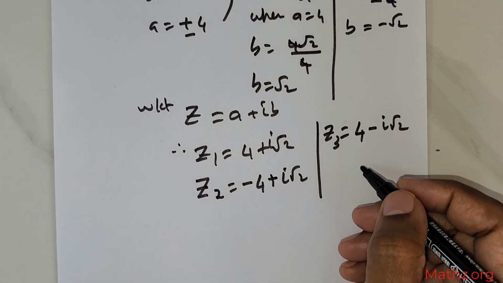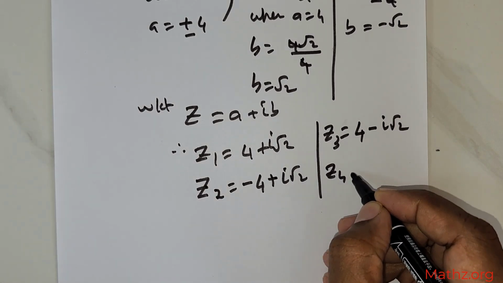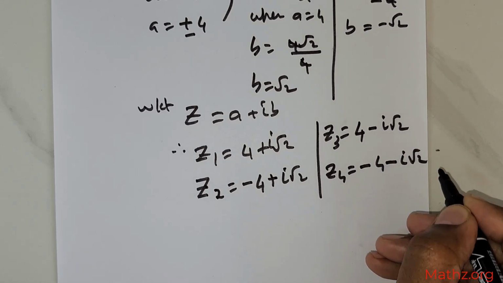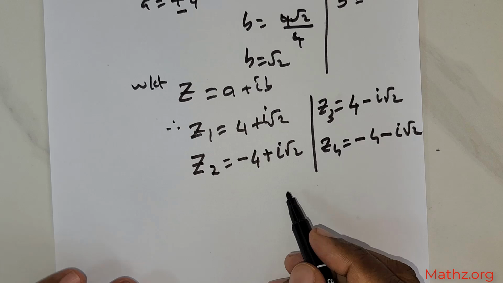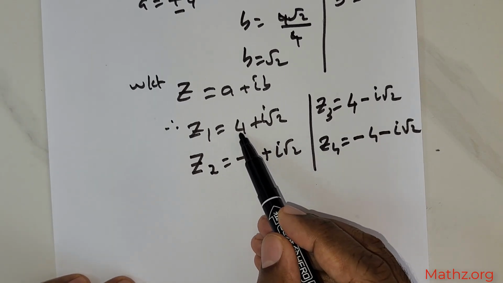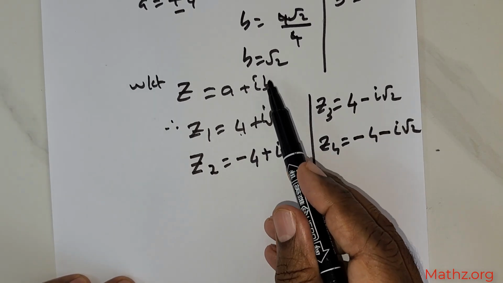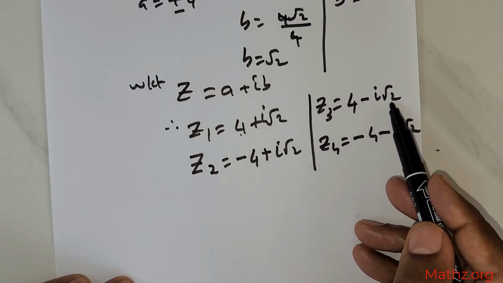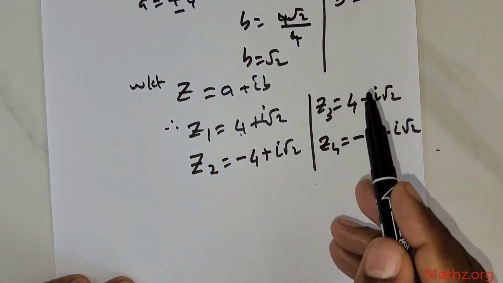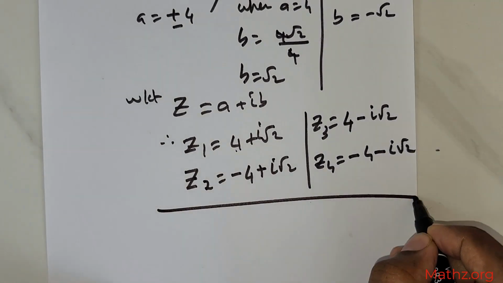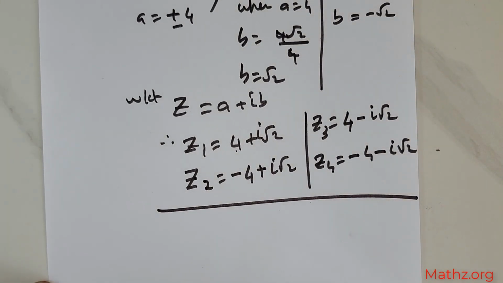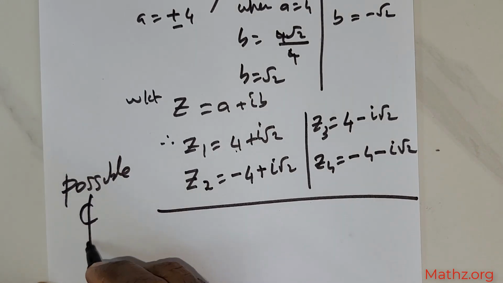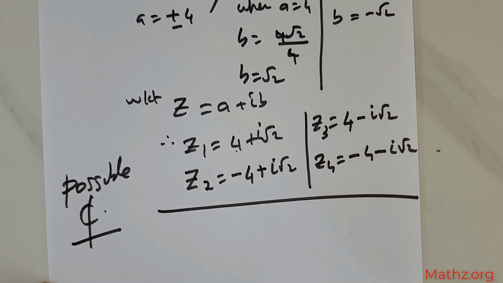And z4 is negative 4 minus i times root 2, right? So we need to list down all the 4 possible complex numbers.